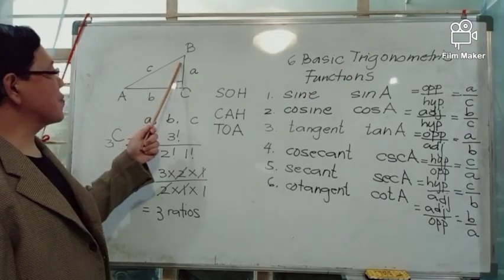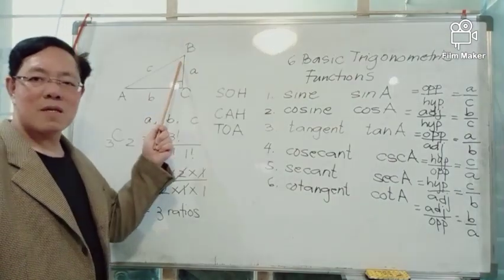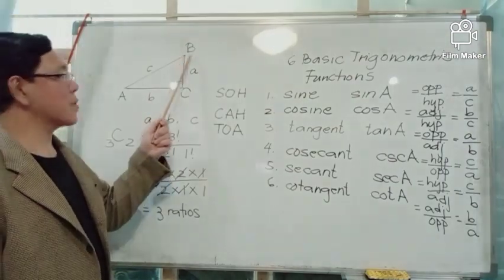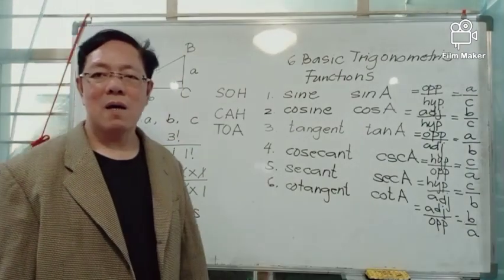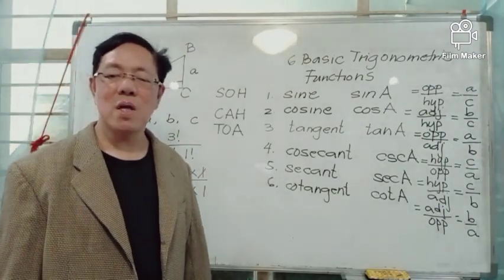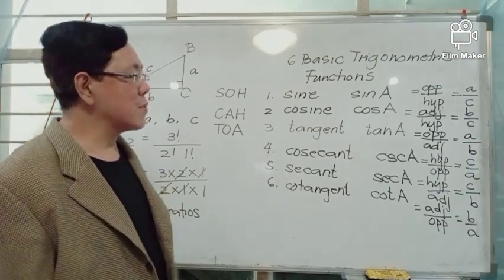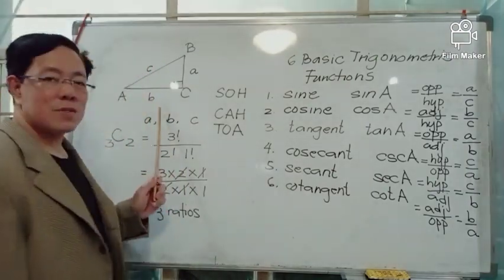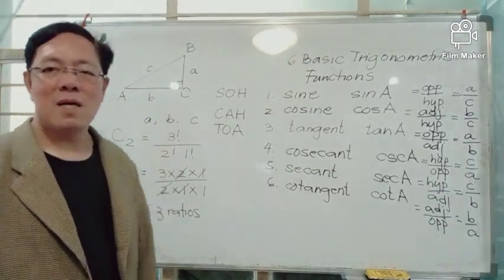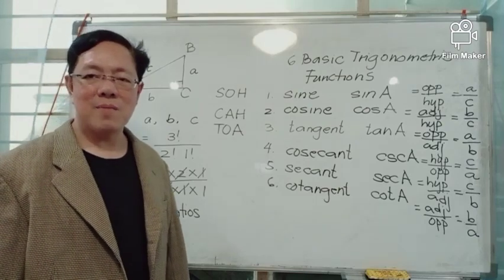The values of the 6 trigonometric functions of the acute angle B are also equal to the ratios of two sides of this right triangle. And we will list them now.